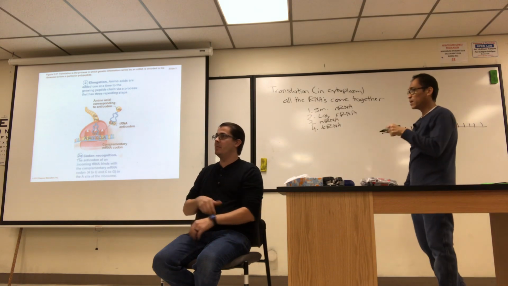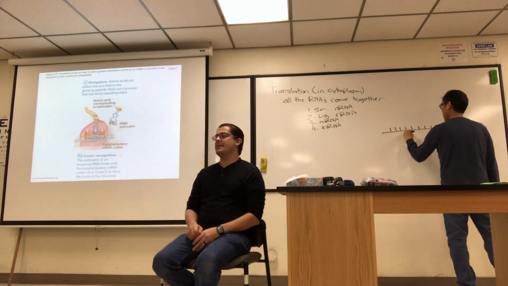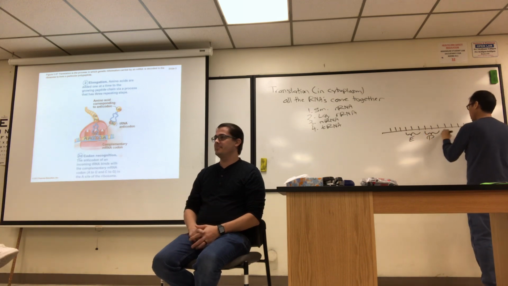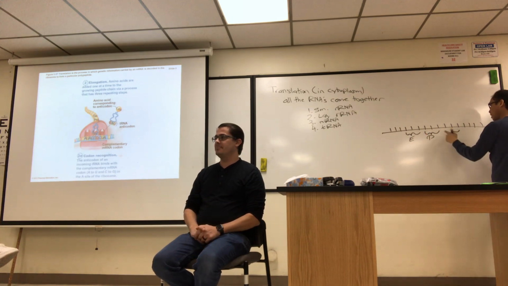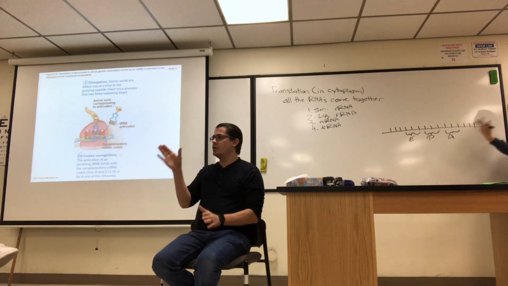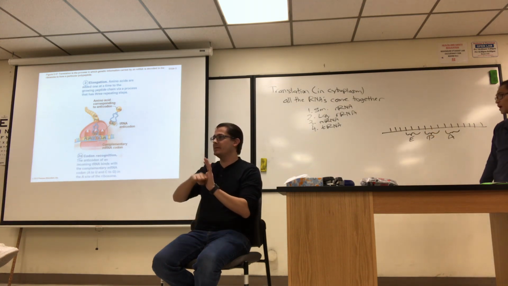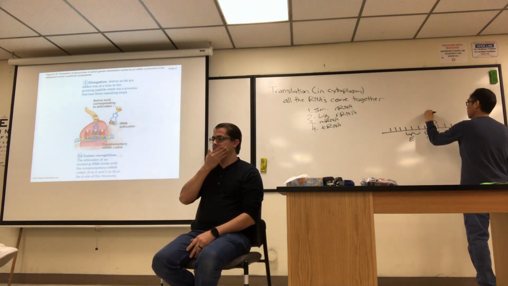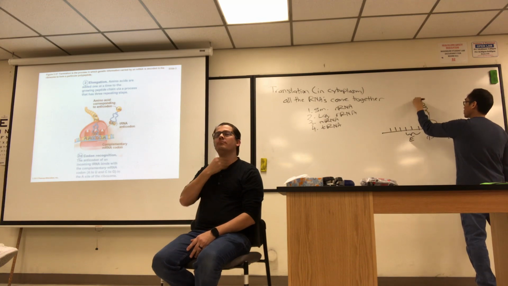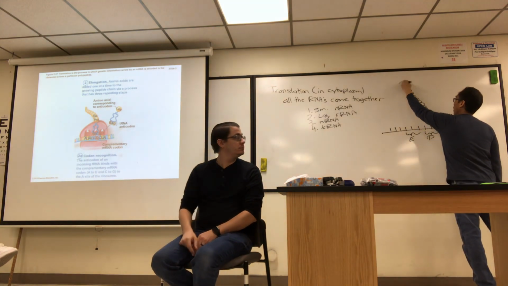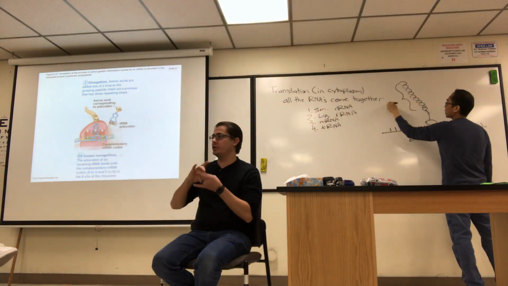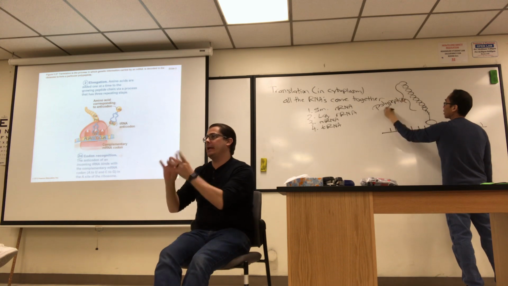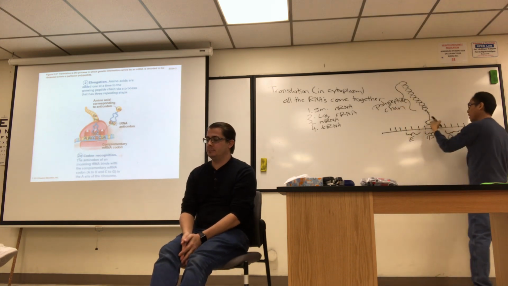They have E, P, and A. I'm doing 3. Each line is a base, right? The E, the P, the A. So basically, here's my polypeptide chain, attached to my tRNA.